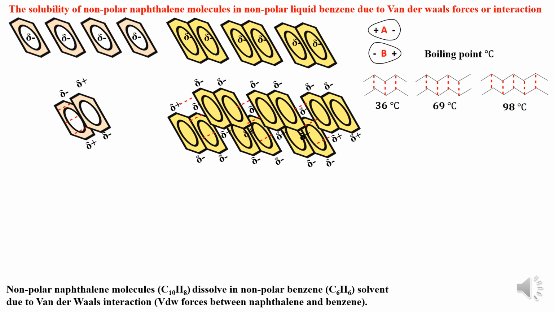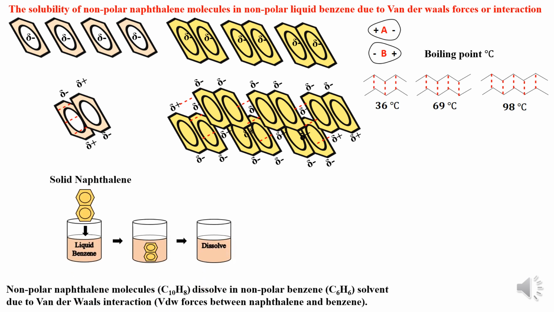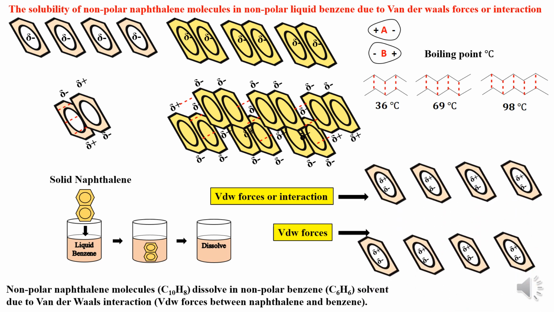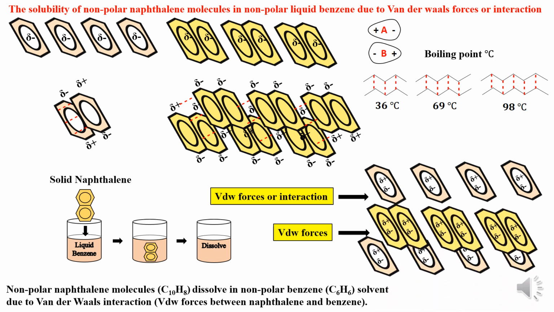So nonpolar naphthalene molecules dissolve in nonpolar benzene solvent due to van der Waals interaction. It is a result of the van der Waals force or interaction between the benzene molecules, with the dipole interacting with the dipoles of the naphthalene rings.